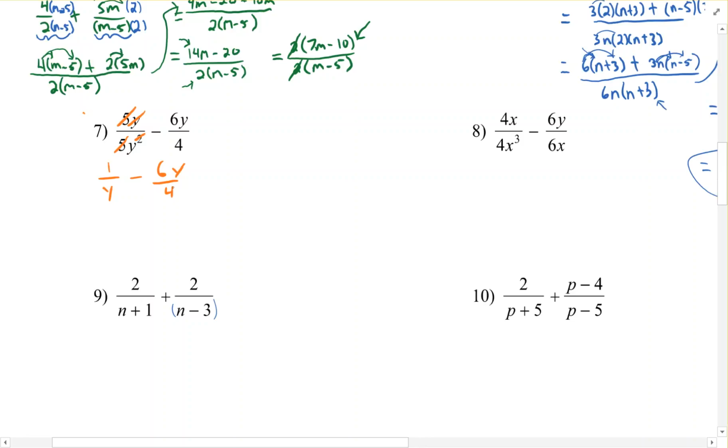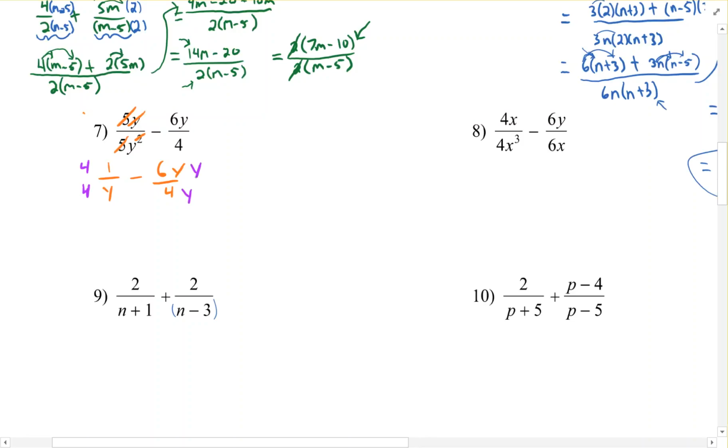So now we need to figure out what the common denominator is going to be. I'm going to make it 4 times y. So I'm going to multiply this side by 4 on the top and the bottom, and I'm going to multiply the right side of the equation by y, because it's got to be 4y, and it's got to be a y up top.